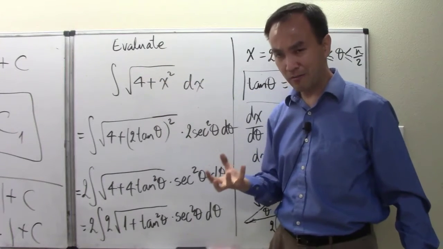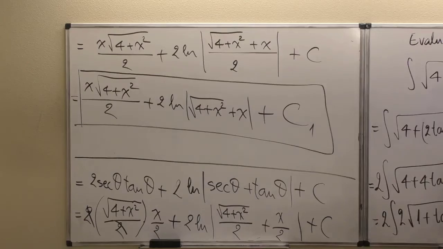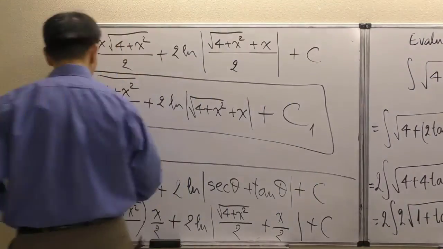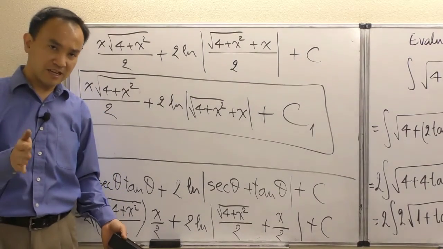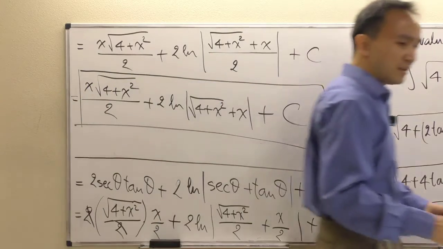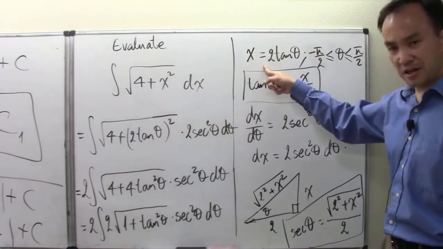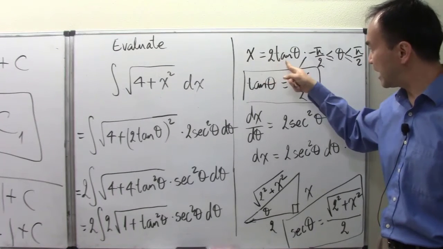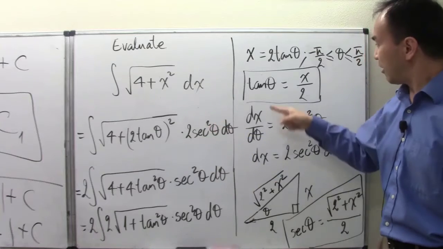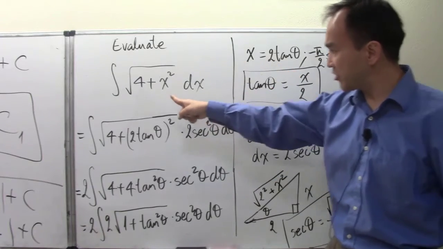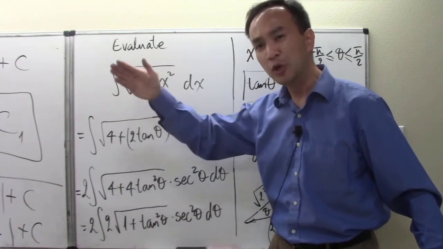The starting problem looks short, but surprisingly it took us to such a lengthy final expression for the antiderivative. But hey, in the end we're done, and that method where we substituted x by 2 times tangent theta made the problem work. And this 2 came about because we recognized this 4 here as 2 squared.